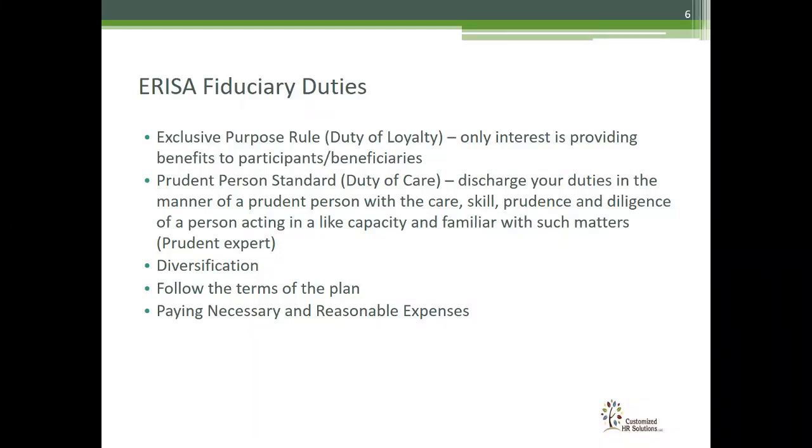The other side of that is the duty of care, which is really the more procedural one, also known as the prudent person standard. It actually is a little higher than that, in that it is often referred to by both DOL and the courts as a prudent expert standard, because it's the prudent person in like capacity and familiar with such matters.